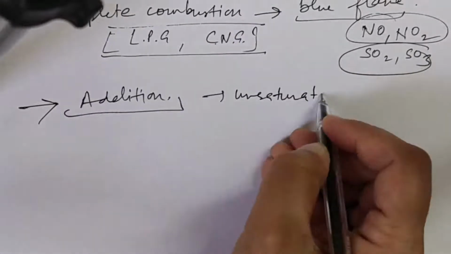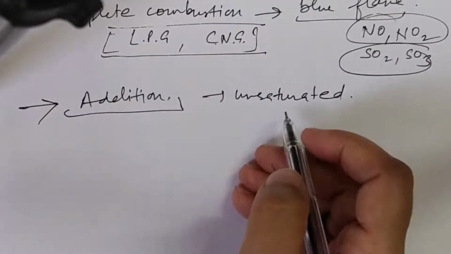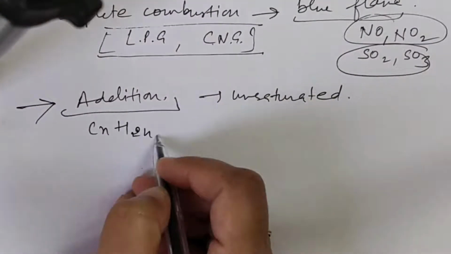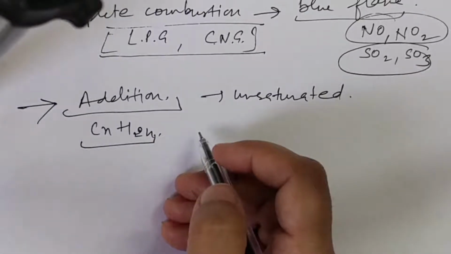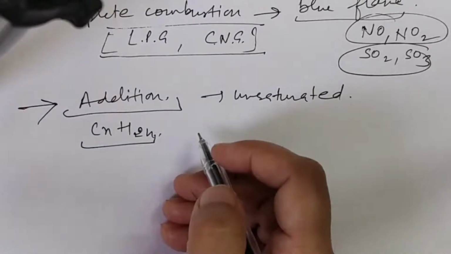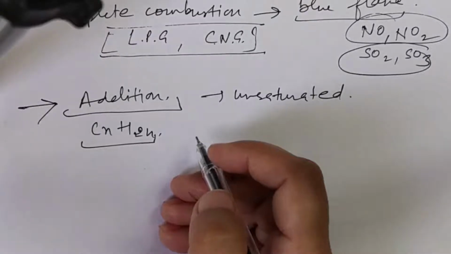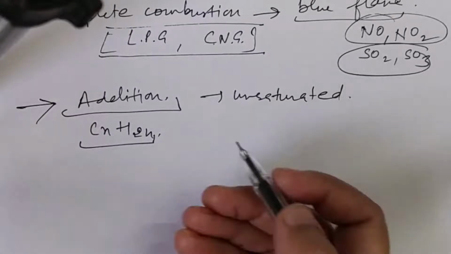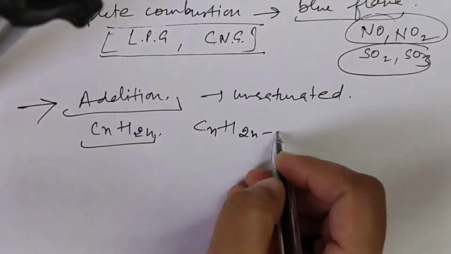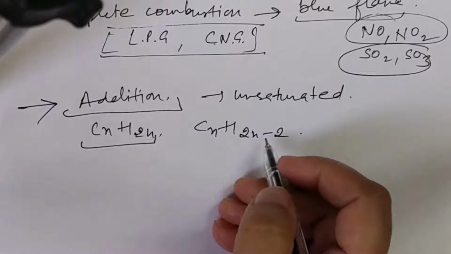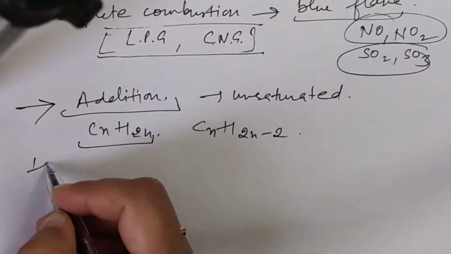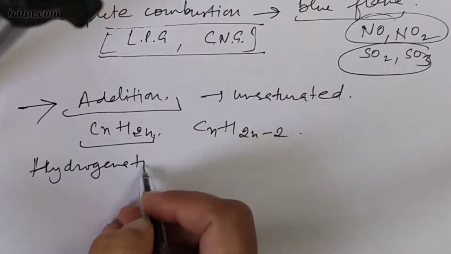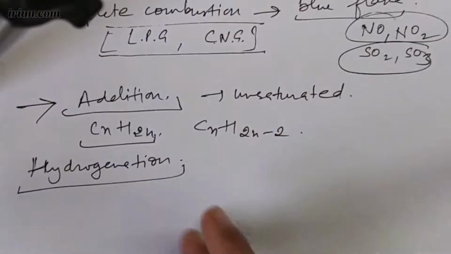Unsaturated compounds are alkenes and alkynes, which have the general formulas CnH2n and CnH2n-2. In addition reactions, a very common example is hydrogenation.